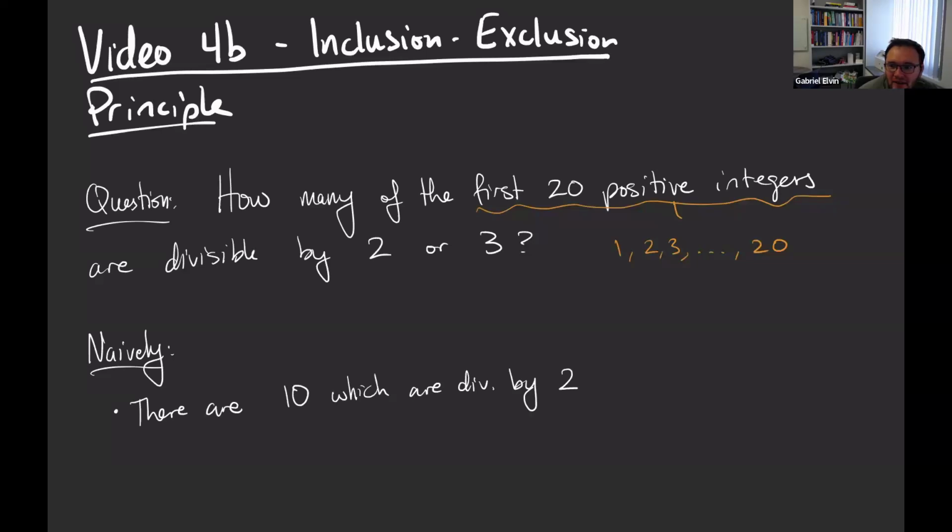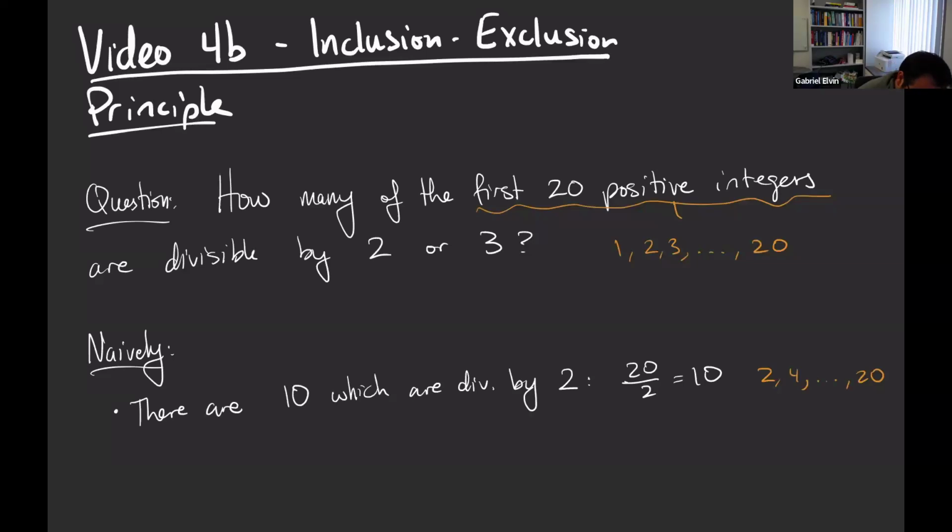Well, there are 20 numbers here, and exactly half of them are divisible by 2, so that would be 20 over 2 equals 10. And what are they? 2, 4, etc., all the way up to 20.